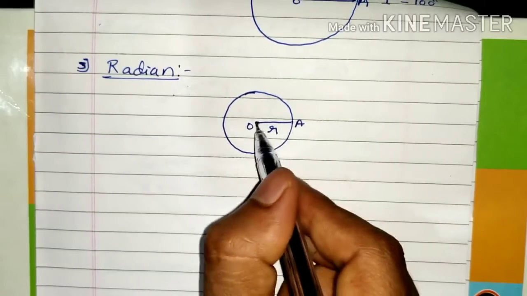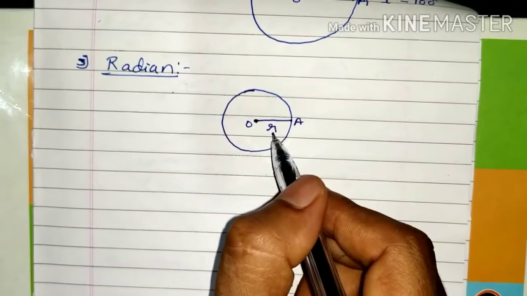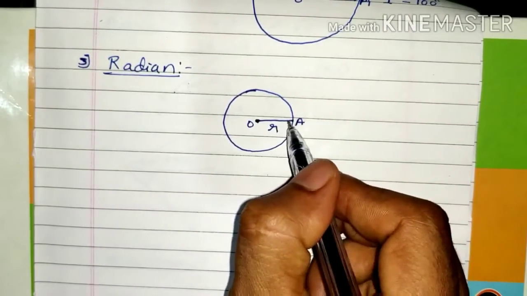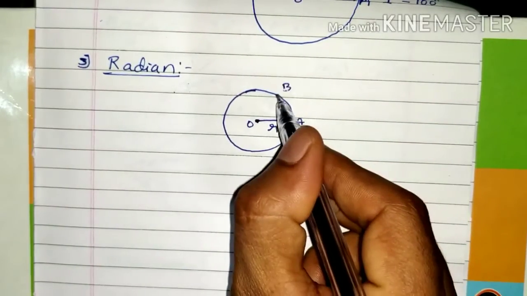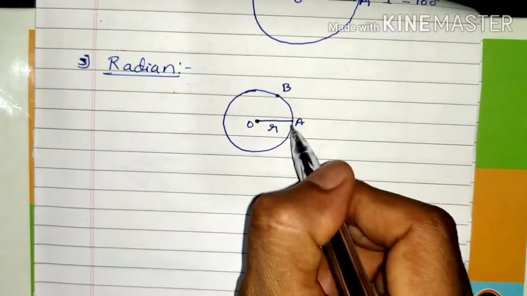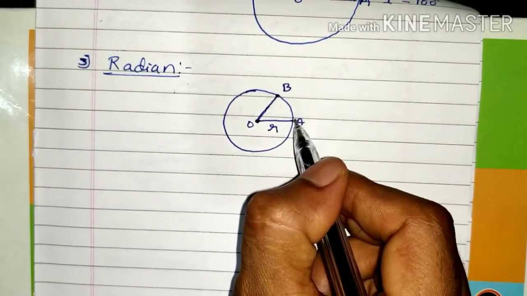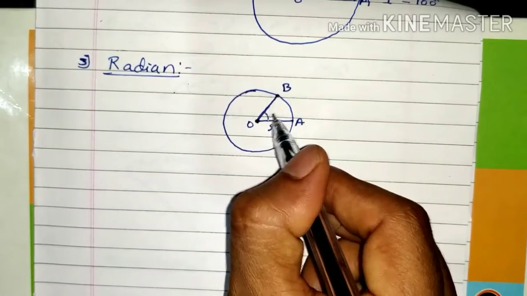Any distance you can consider, so let it be r. Now consider points A and B here, so AB becomes an arc of the circle.